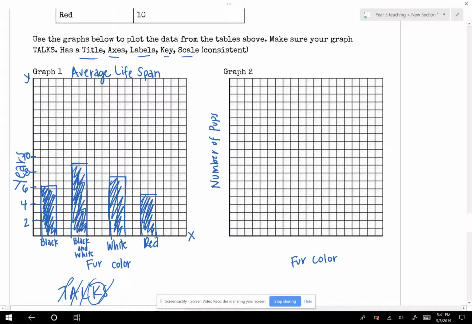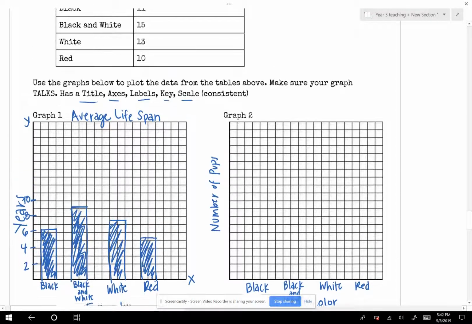And same deal, I'm going to go black and white. Oh my goodness. And then I'm going to have white and red. So I have those things there.